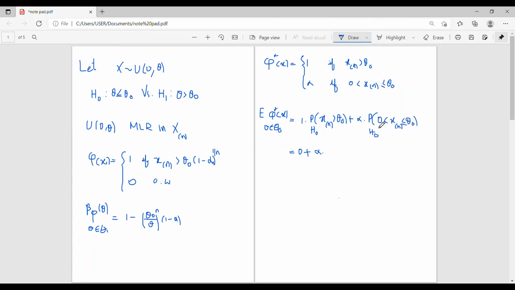This probability is equal to 1. So the size of the test phi star of x is given by 0 plus alpha into 1, which is equal to alpha. So both phi and phi star of x are of size alpha.